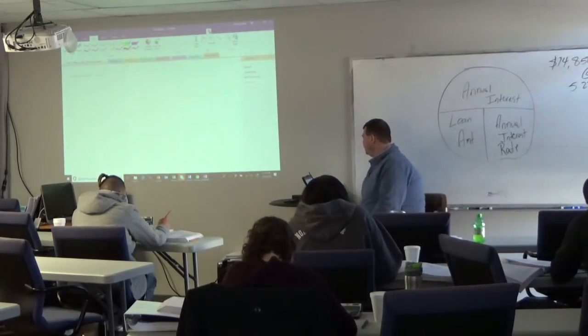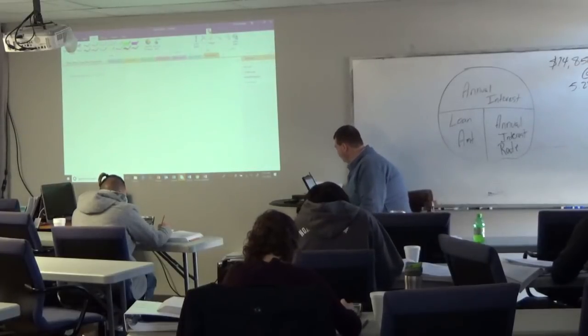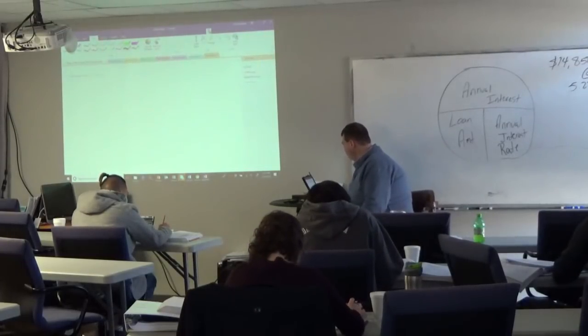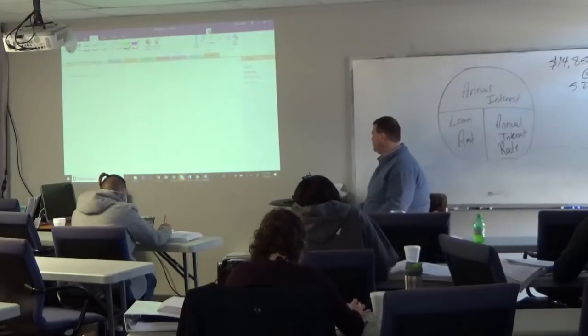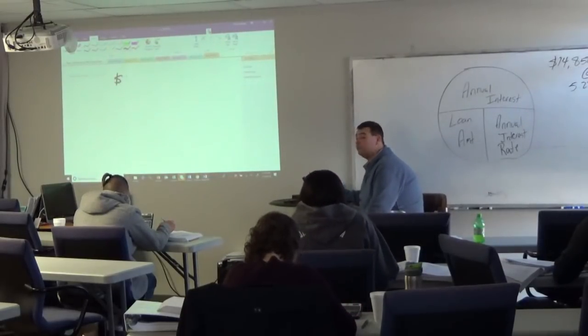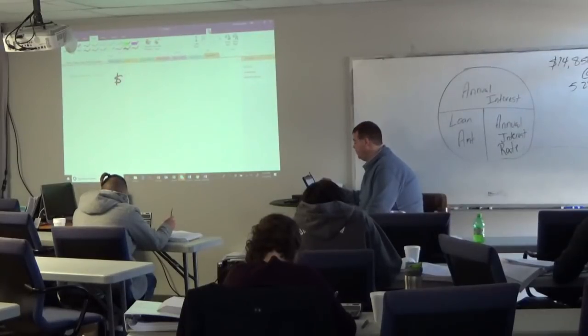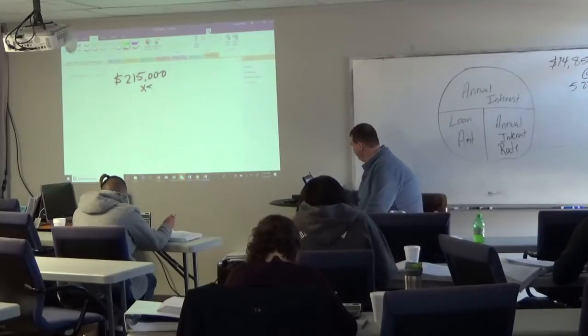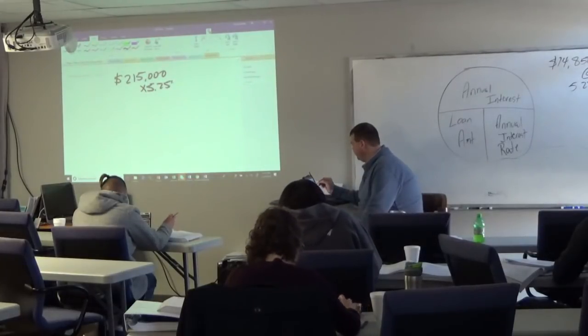Number four, calculate the monthly interest expense for a $215,000 mortgage at 5.25% annual rate. So what are we going to do first? What's first? $215,000 times 5.25%.